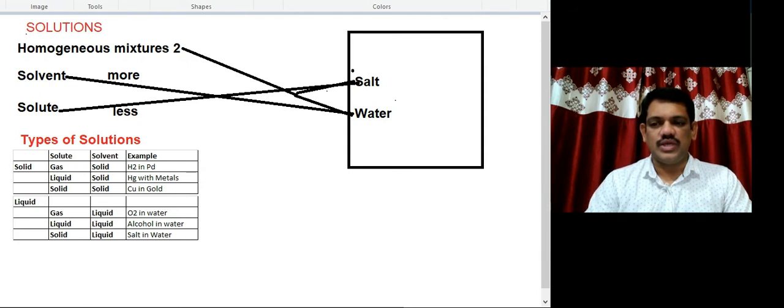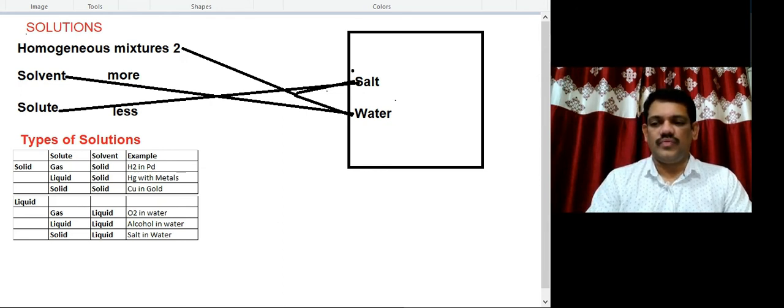First one is gas in liquid, for example oxygen in water. Then liquid in liquid, such as alcohol in water or water in alcohol; whichever has more quantity, based on that we say what kind of solution it is. And solid in liquid, for example salt in water.